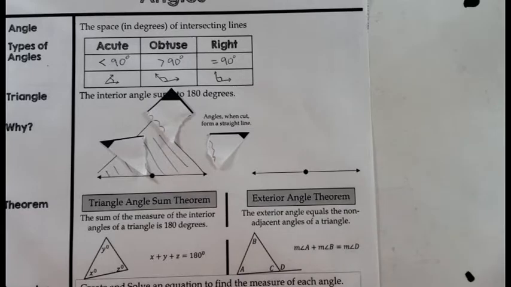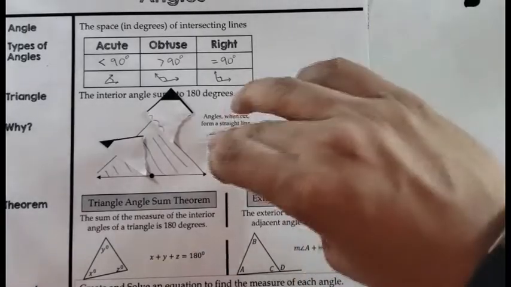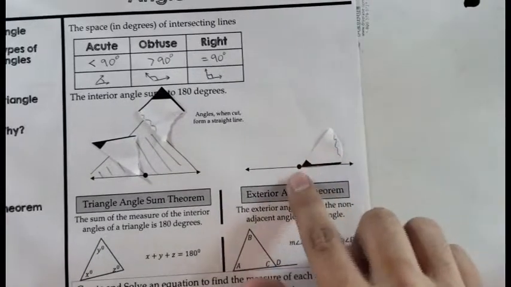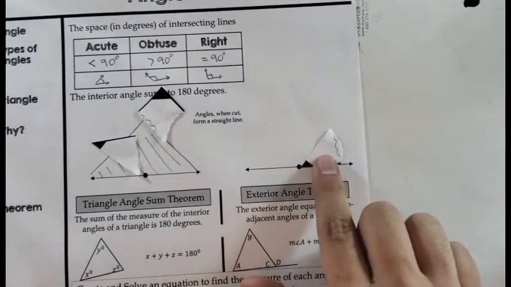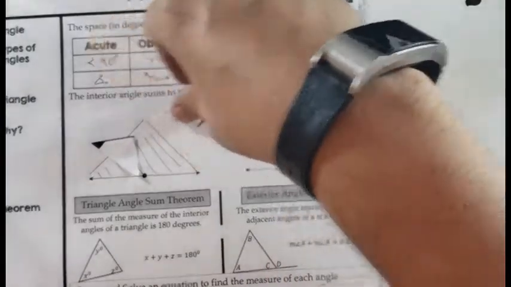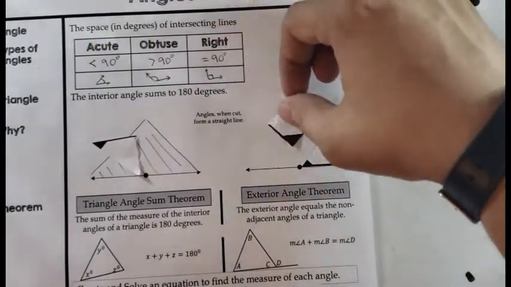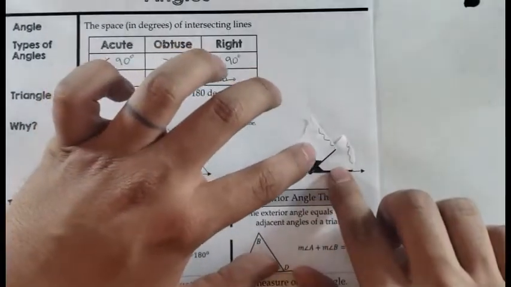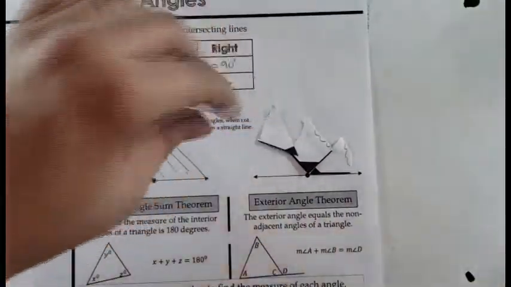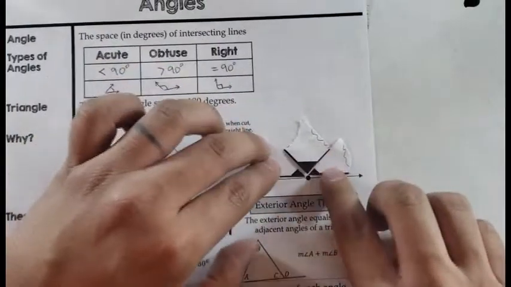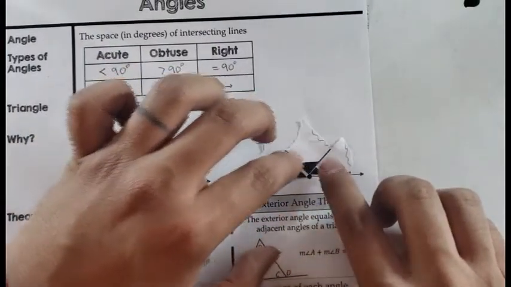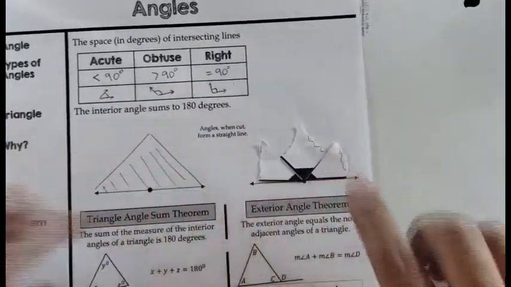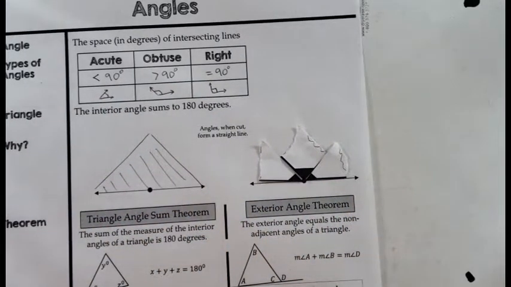So why is this 180 degrees? If we take all of these angles, I'm going to put them on the line where their vertex is on this center dot. I take that, form this right next to it, also pointed at it, and this last one. Hopefully you see that when all the angles come together, they actually make a straight line.